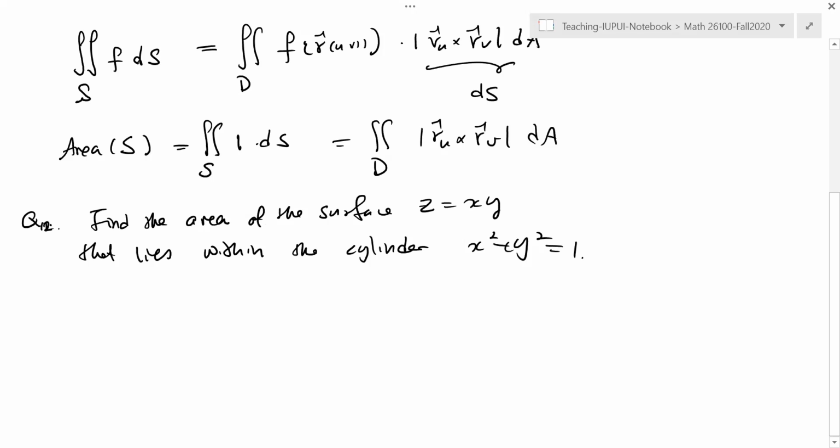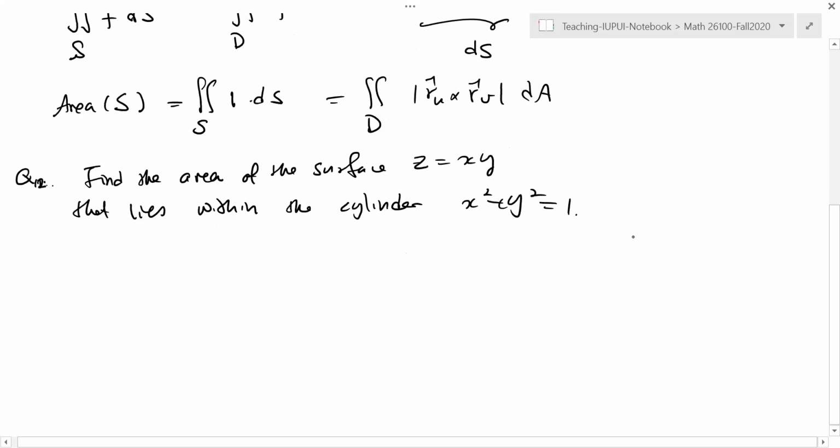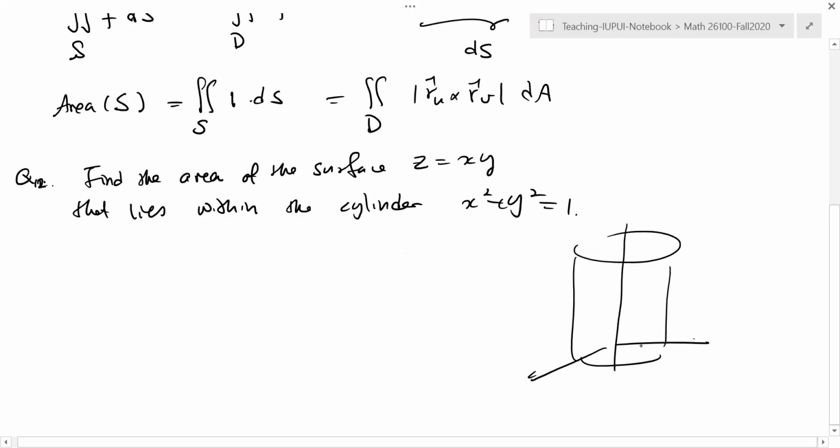Now, how do you solve this problem? I want to draw the picture a little bit. So at least draw a cylinder, and z equals x times y. That means somewhere it's negative, somewhere it's positive. When both x and y are positive, it goes like this.